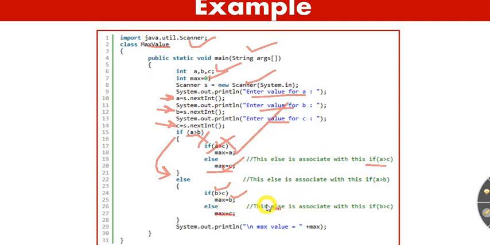This is associated with if b is greater than c. That means only if b is greater than c is b maximum. Else, if this condition fails, then c is maximum. So the maximum will be stored in max at the last by checking these two conditions. Okay, also it is clear.